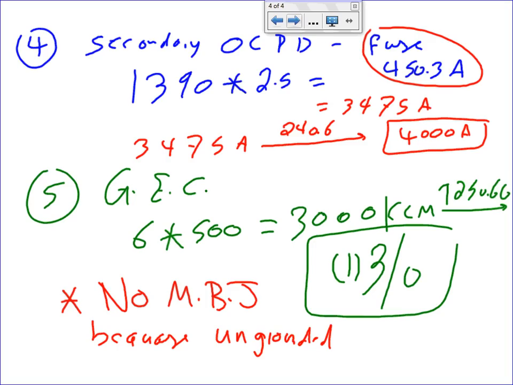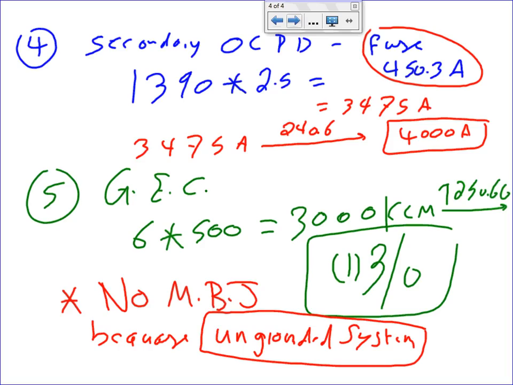Because it's an ungrounded system. It's a delta, by the way. Can I have a wye-wye ungrounded system? No problem, just don't take the center of the wye to ground. Can I have a single-phase ungrounded system? No problem, don't tie the neutral to ground. I can make this transformer an ungrounded system, and they use it, guys, for isolation.